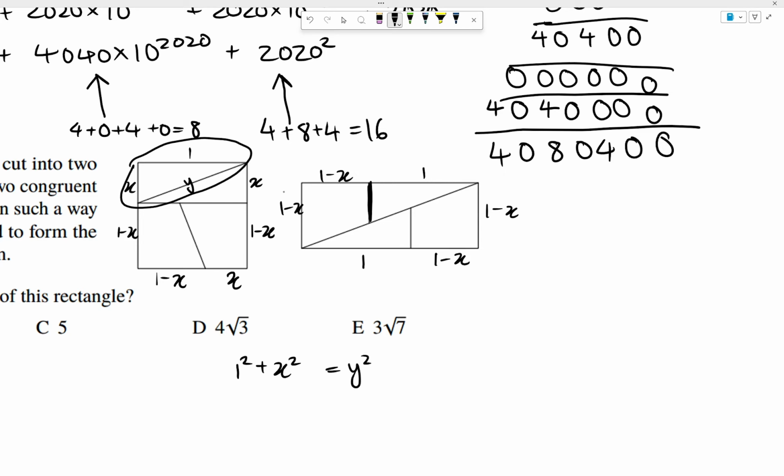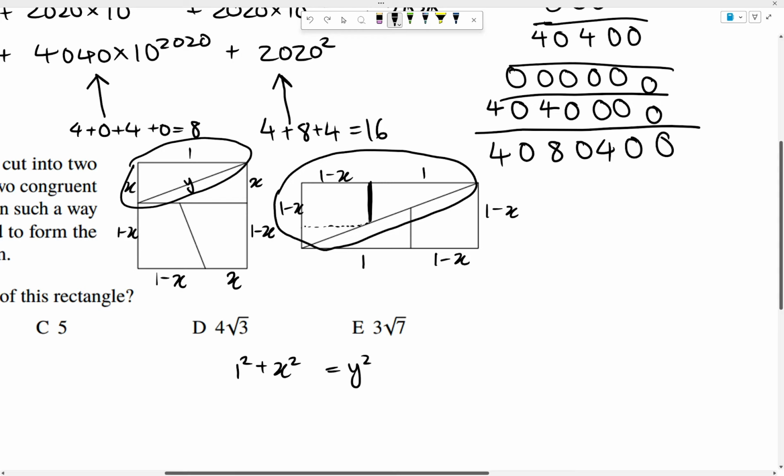But similarly, if I use Pythagoras on this triangle here, we're going to have to work out what the length of this bit here is.